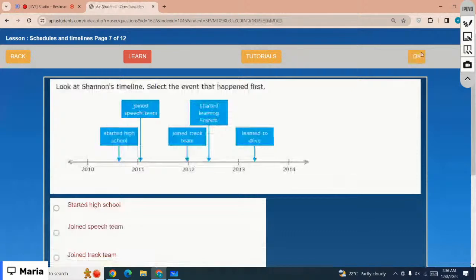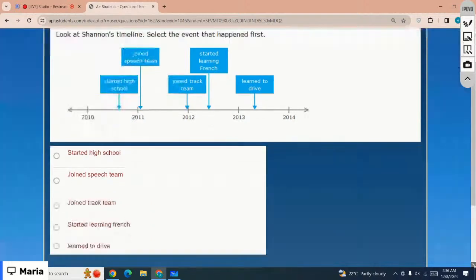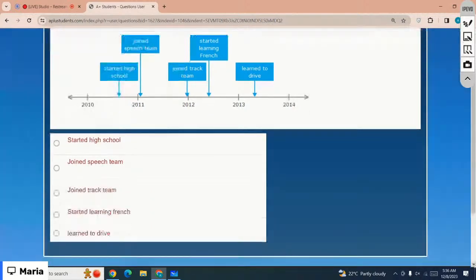At Shannon's timeline, select the event that happened first. So, which event happened first? Started high school, joined speech team, joined track team, which is the correct option? Started learning French, learned to drive. So, which event happened first?